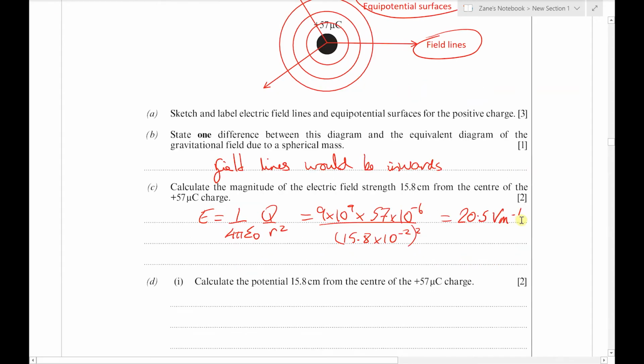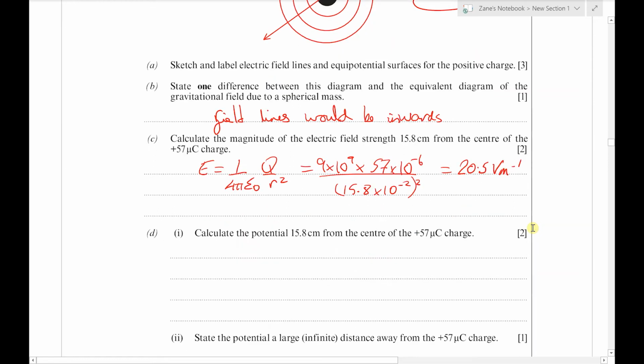To calculate the electrical potential at the same distance, we use the formula that V_E is 1 over 4 pi epsilon naught, Q over r. So it's going to be 9 times 10 to the 9 times the 57 times 10 to the minus 6, but just divided by 15.8 times 10 to the minus 2.